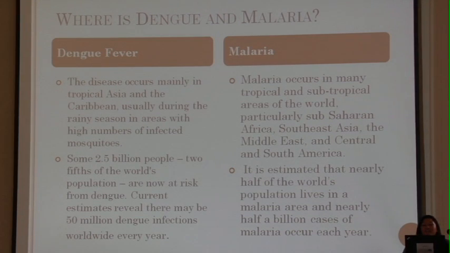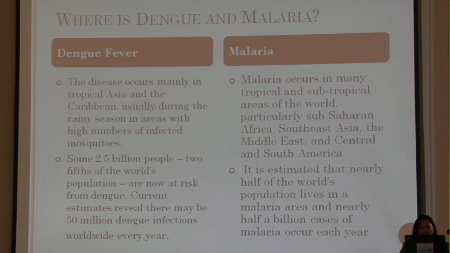So where are dengue and malaria found? Dengue fever occurs mainly in tropical Asia and in the Caribbean, usually during the rainy seasons in areas with high numbers of infected mosquitoes. Some 2.5 billion people, two-fifths of the world's population, are now at risk from dengue.